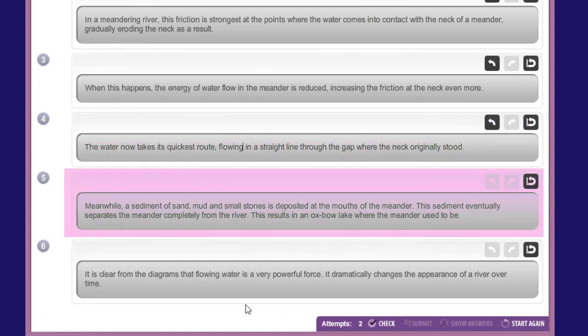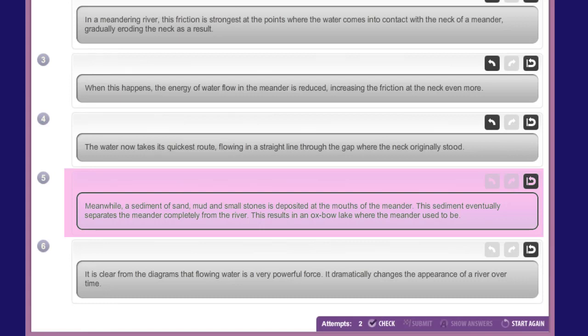Number 5. Meanwhile, a sediment of sand, mud, and small stones is deposited at the mouths of the meander. This sediment eventually separates the meander completely from the river. This results in an oxbow lake where the meander used to be. Okay, so here we have 3 sentences. Let's connect them together.